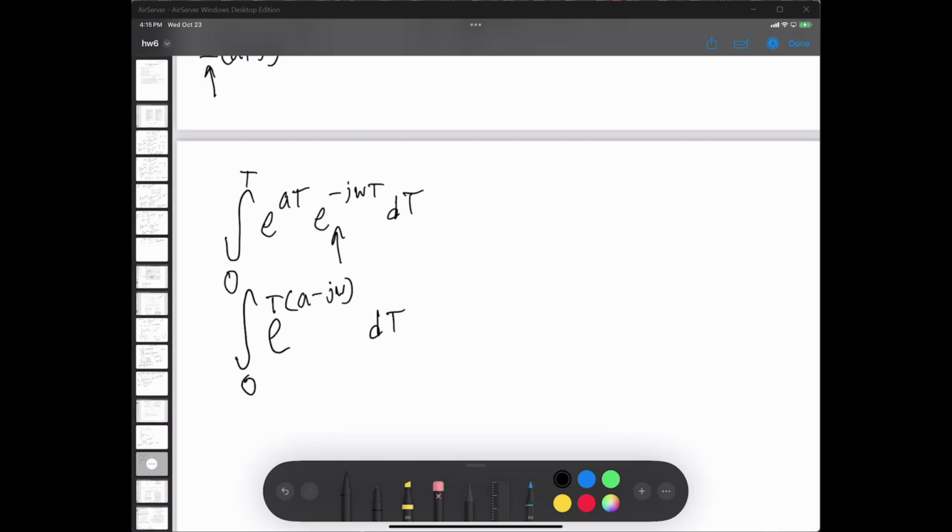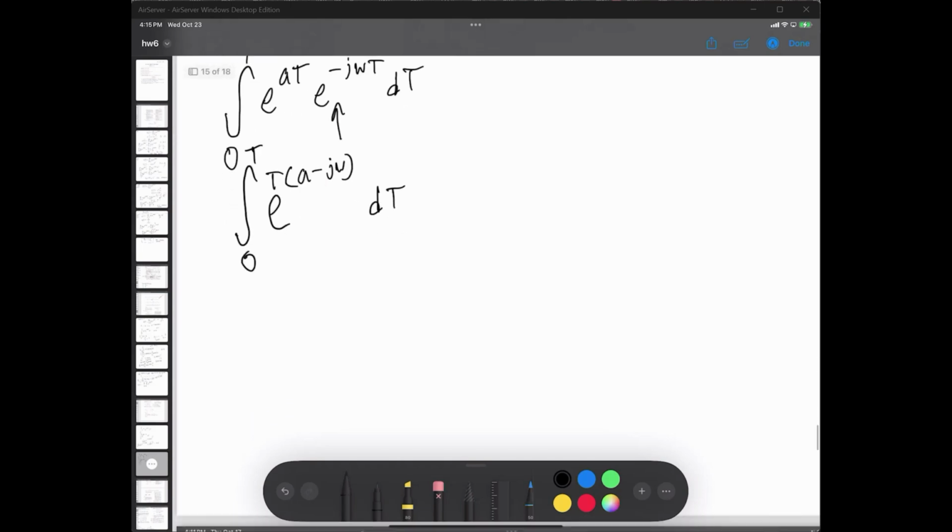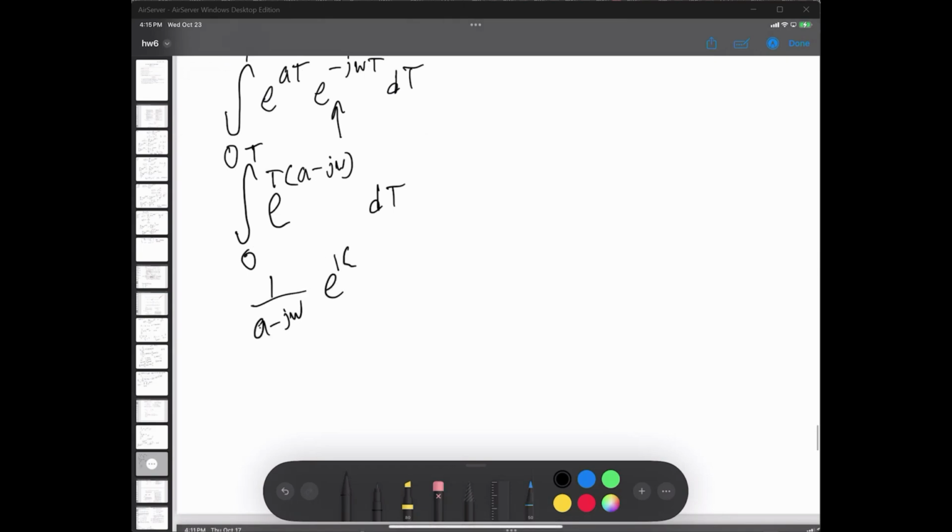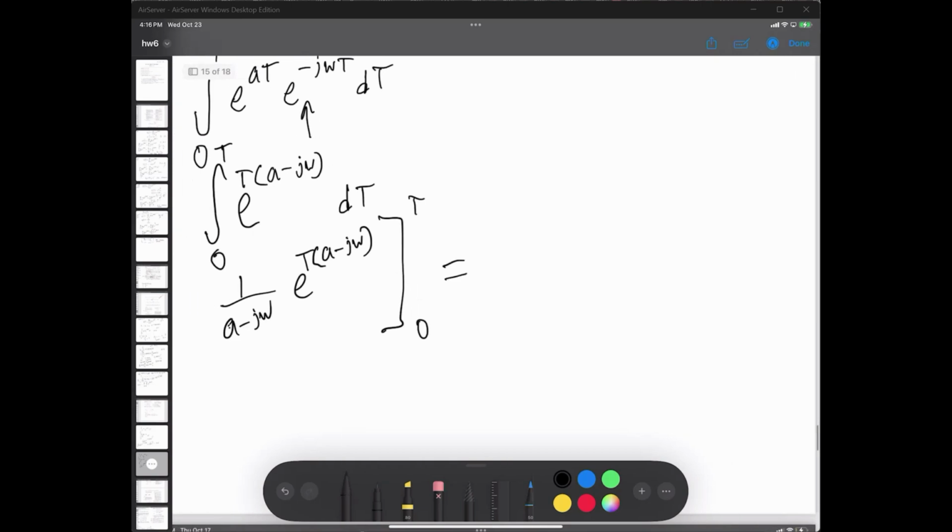Integrate from 0 to t, and we'll get 1 over a minus jw, e to the t a minus jw, evaluated from t to 0, and we'll get the same thing again.